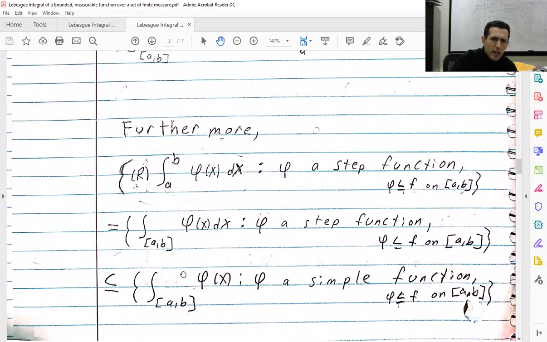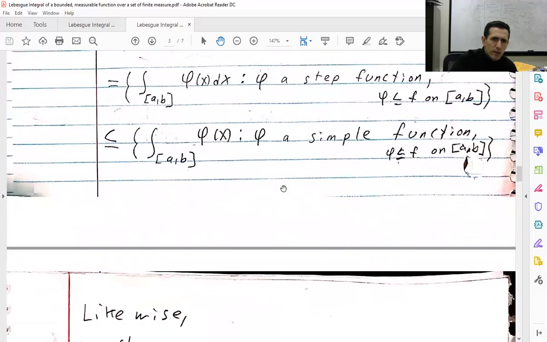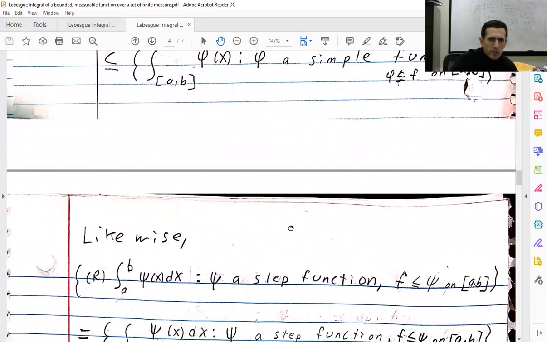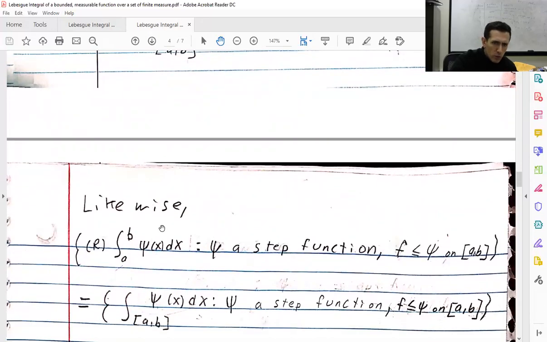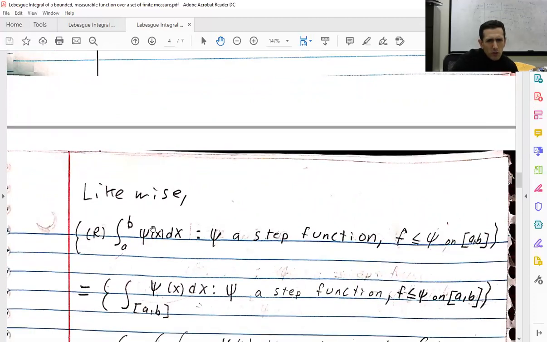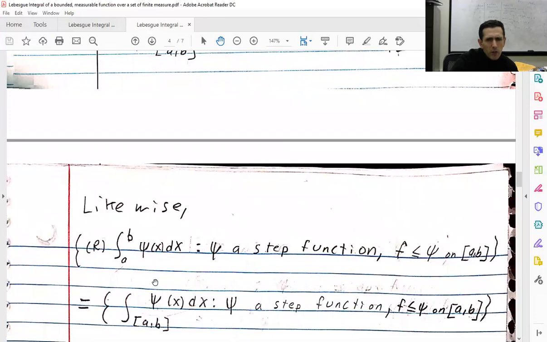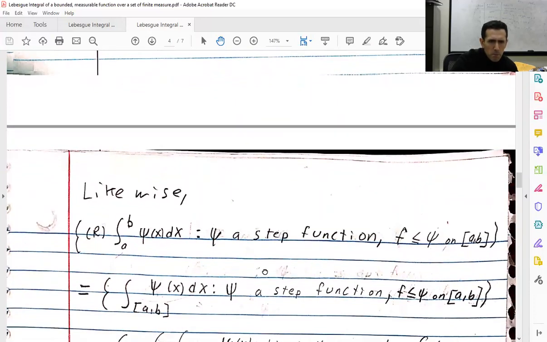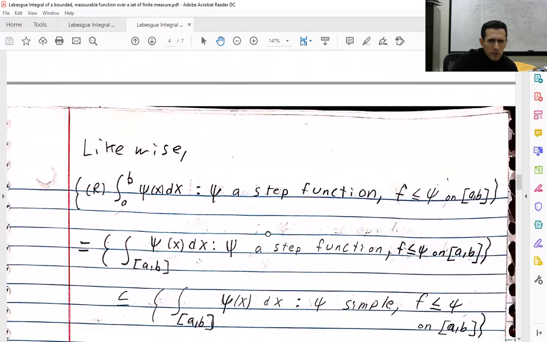So this is a larger set than this. Likewise, these two sets of real numbers are equal because these two integrals are equal for step functions. And this set here is larger than this set because every step function is a simple function.